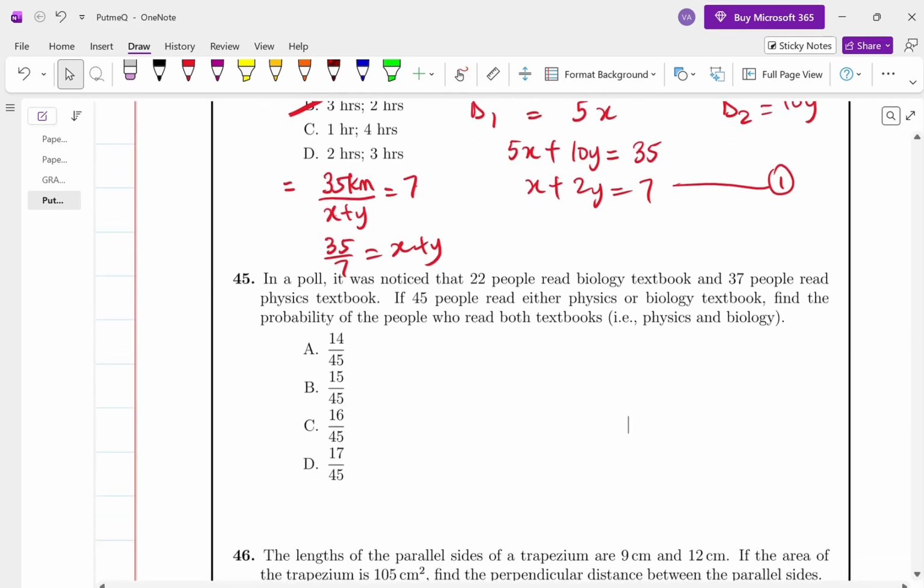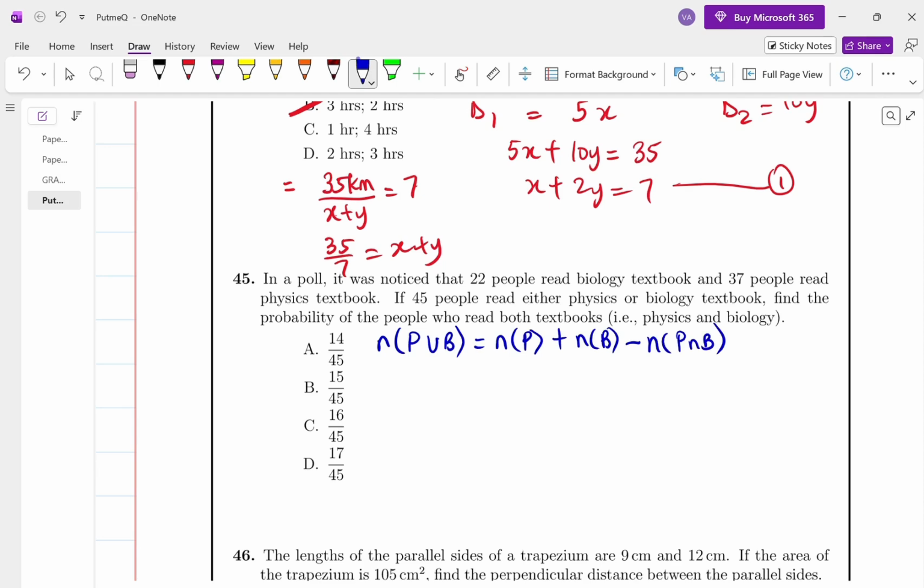So first things first, you need to go by this very formula. In set, this also applies. The number of those that read physics or biology is equal to the number of those that read physics plus the number of those that read biology minus the number of those that read both of them.